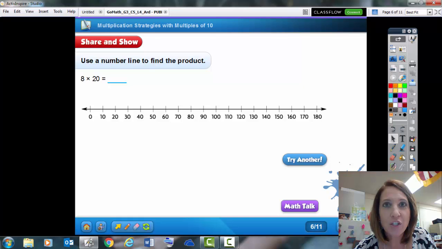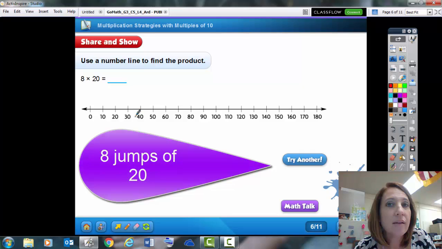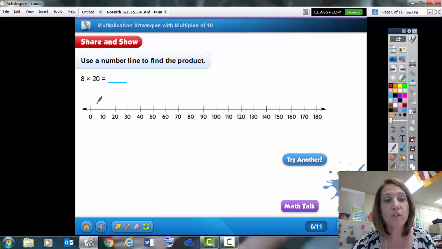We have one more page to talk about, and we're going to use a number line this time, again, to show the products. So let's try these together. 8 times 20. What does that mean, everybody? Good. It means 8 jumps of 20. So we're going to start at 0, and we're going to do 8 jumps.